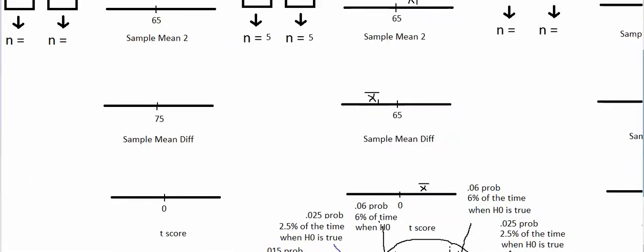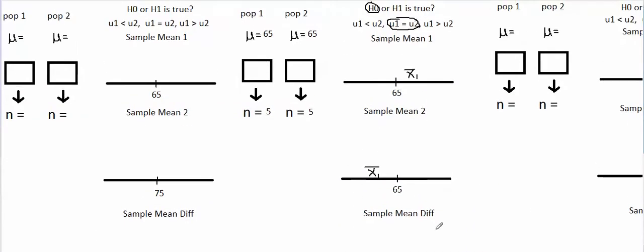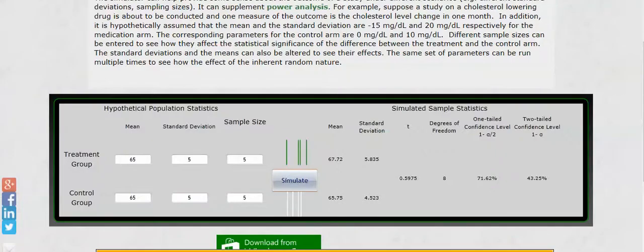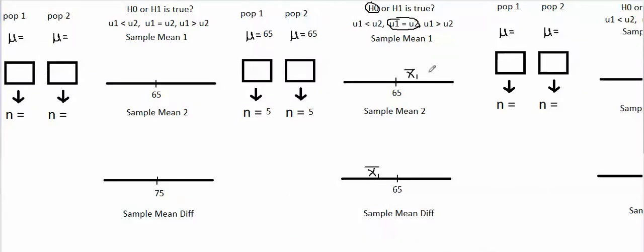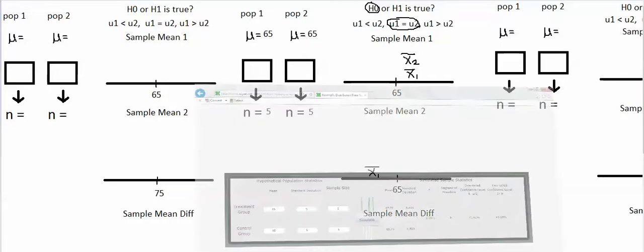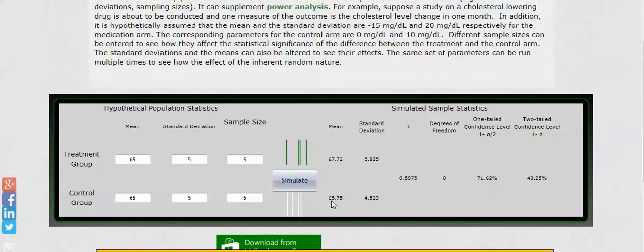I forgot to plot these. So for the second outcome, the first sample mean is 67.7, which is about the same. If they're really close, you could just stack it like above because they're about the same number. And this other one, the second sample, came out to 65.7.